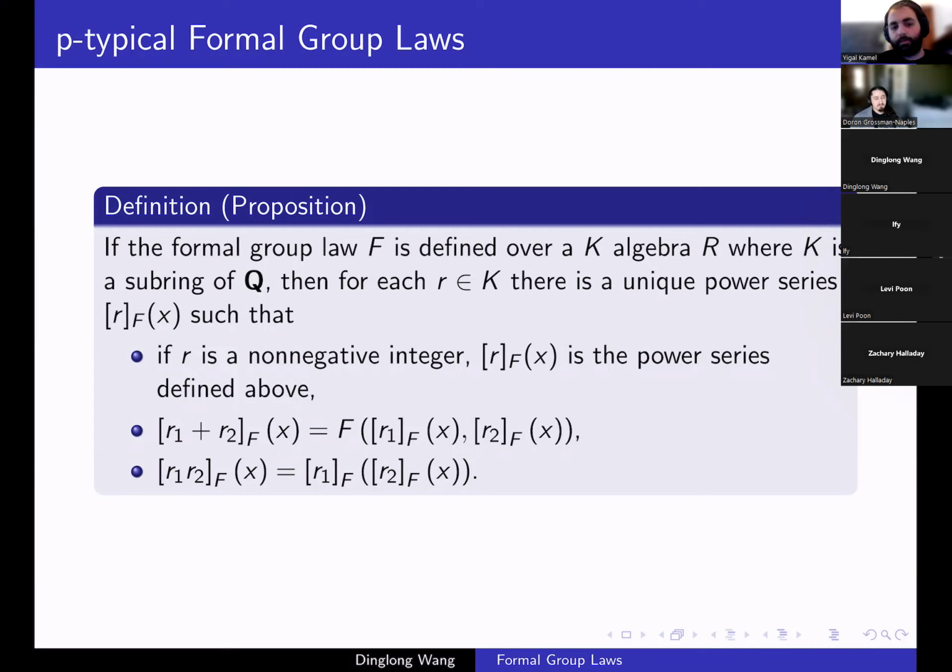It also has [r1 + r2]_F(x) equal to [r1]_F(x) +_F [r2]_F(x), and [r1 r2]_F(x) equal to [r1]_F composed with [r2]_F(x). The real obstacle is the inverse: if r is a unit in K, how do you define the inverse of [r]_F(x)?